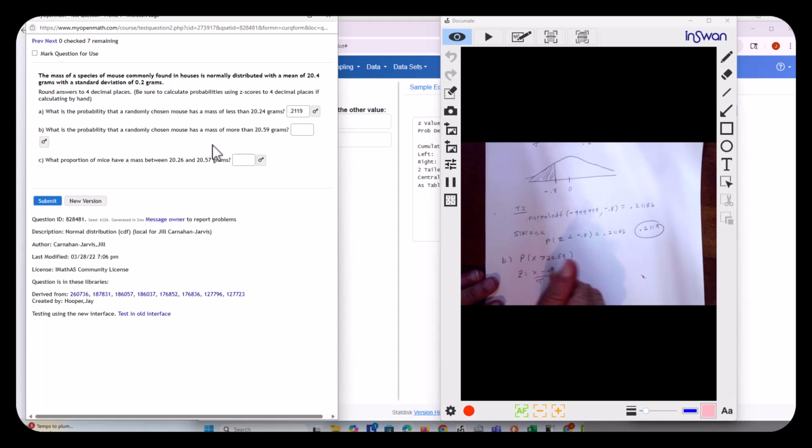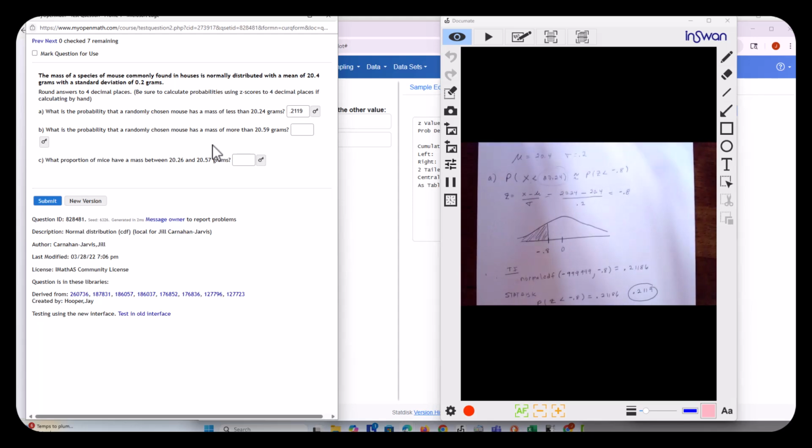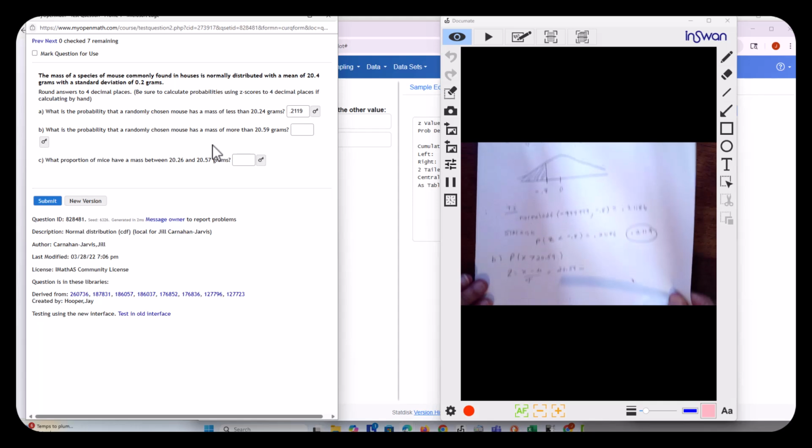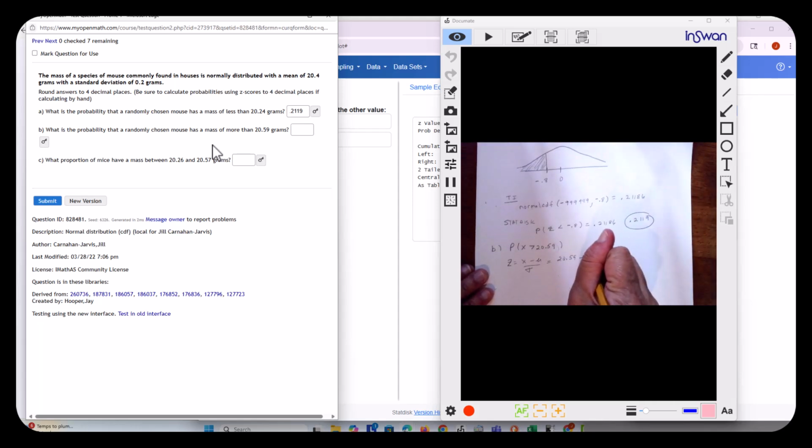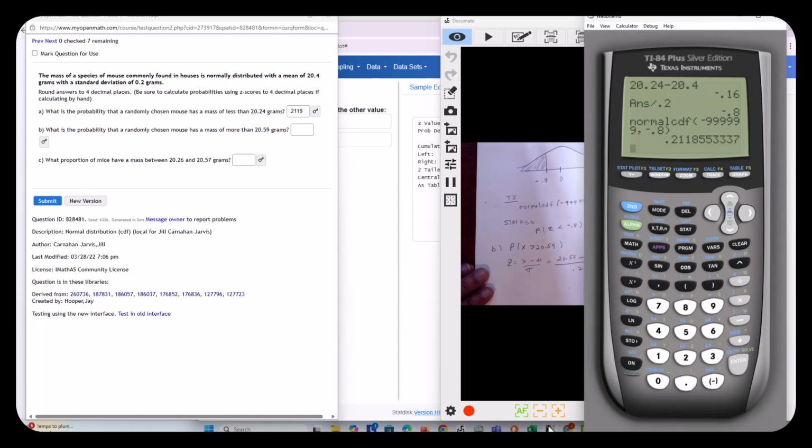This is my X value. So it would be 20.59, subtract off my mu up here, which was 20.4, and divide that by 0.2. Let's get the calculator back up.